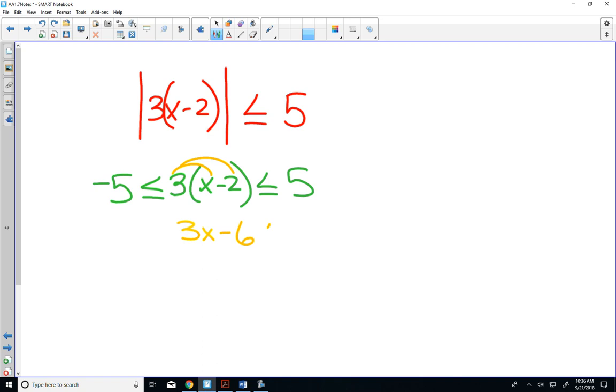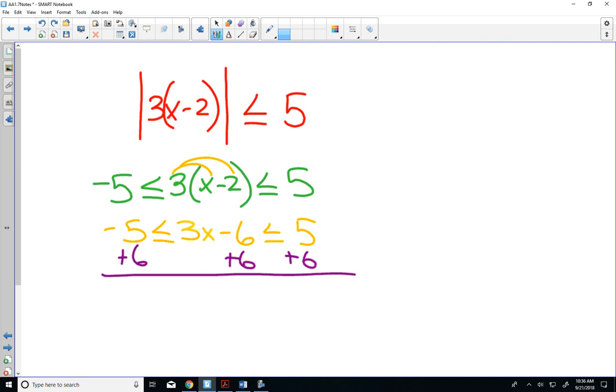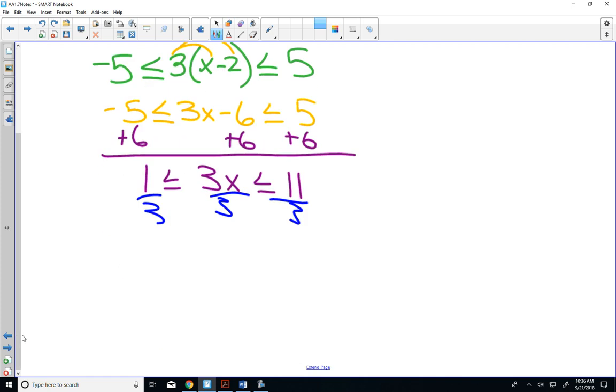So 3x minus 6 is less than or equal to 5 and negative 5. And then we can add 6. And then you're going to get 1 is less than or equal to 3x, which is less than or equal to 11. And finally, you divide by 3 to get a final answer of 1/3 and 11/3.